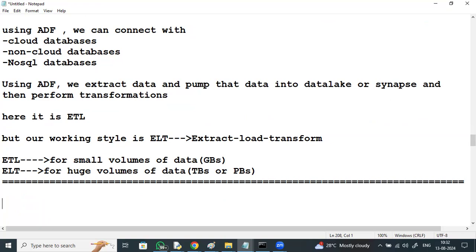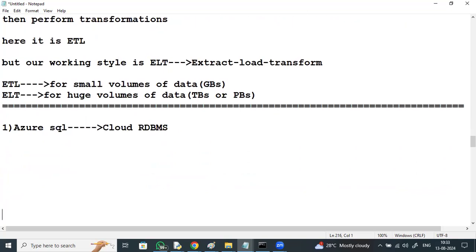Up to now, what have we discussed? First one, Azure SQL. What is that, cloud or DBMS? It is only for OLTP operations, not for data warehouse, not for analytics.